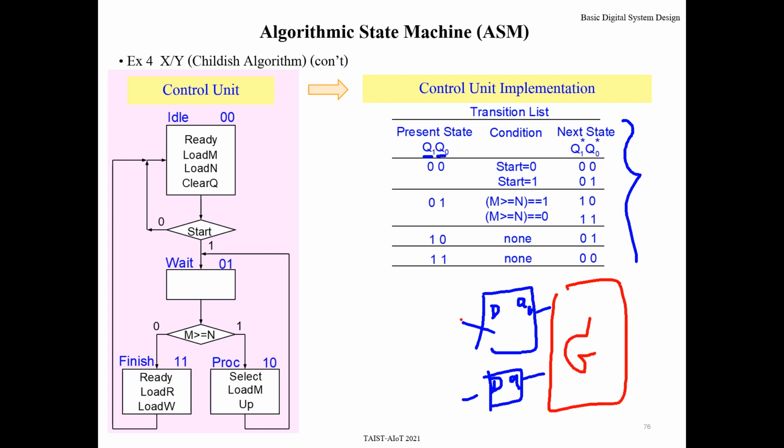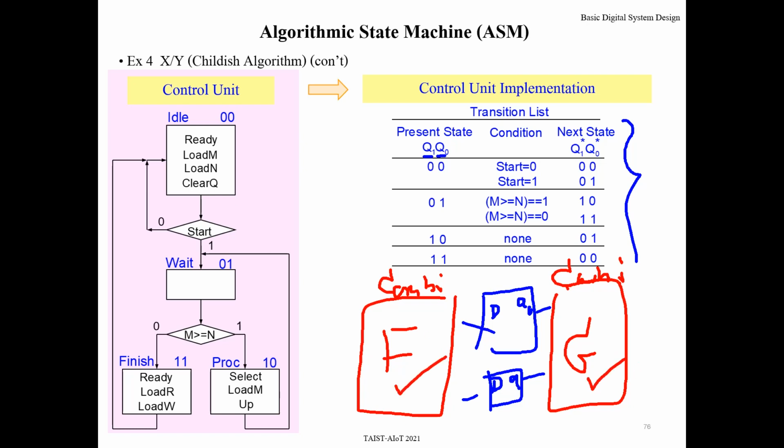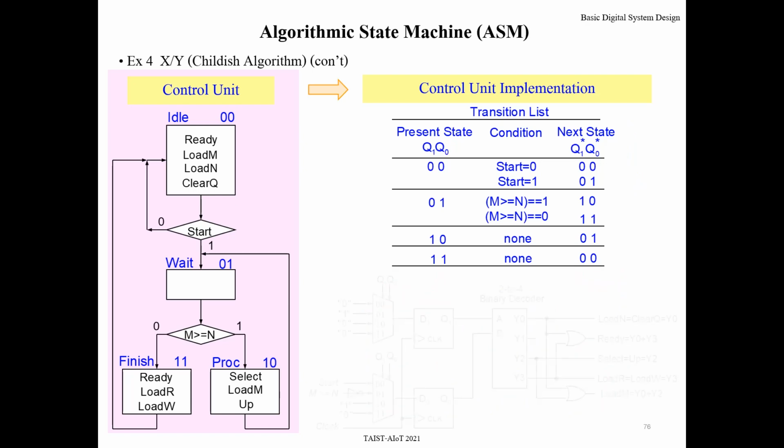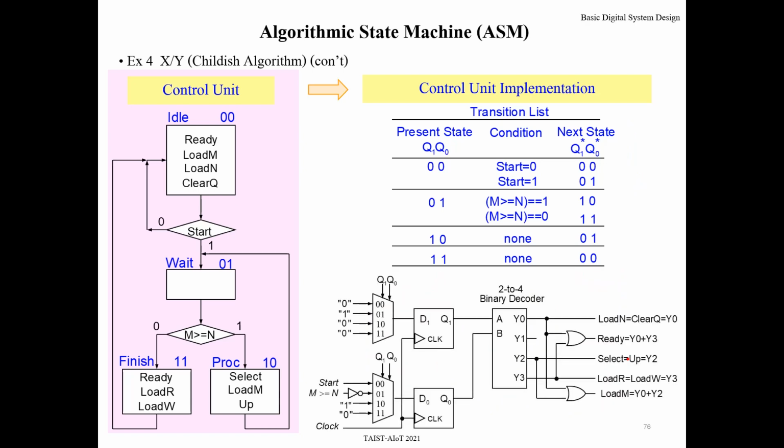Circuit G and circuit F. Both are combinational circuits. For this example, let's use multiplexer and decoder to implement this combinational circuit. For circuit F, or next state logic, I use multiplexer.